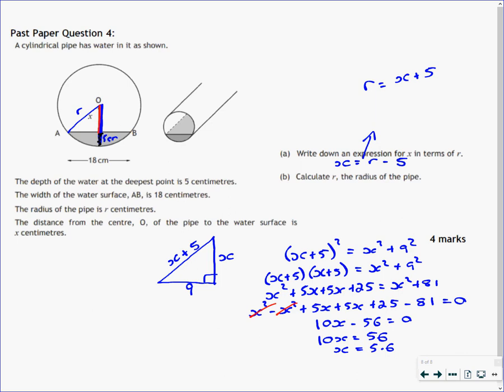Okay? So we know if the X is 5.6, we want to work out the radius R. I can say that R is equal to 5.6 plus 5, which will give us 10.6 centimetres. Okay? And that is the end of the subtopic.